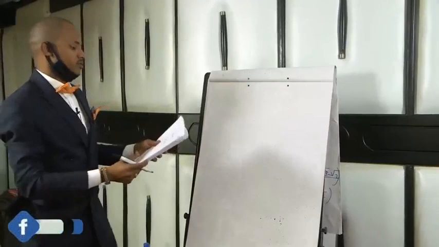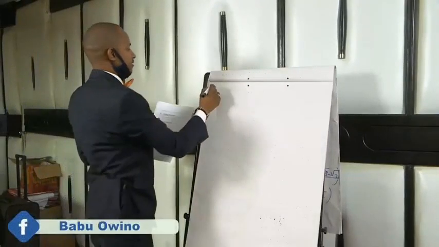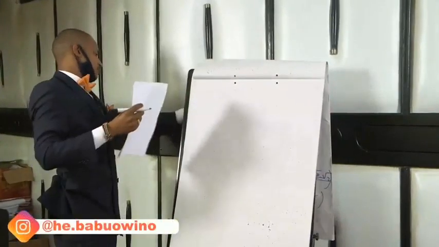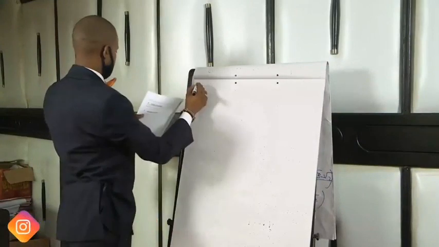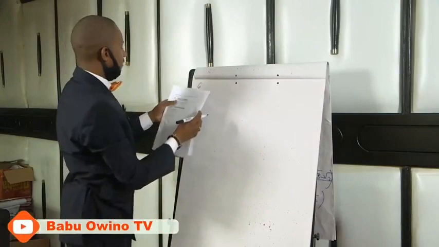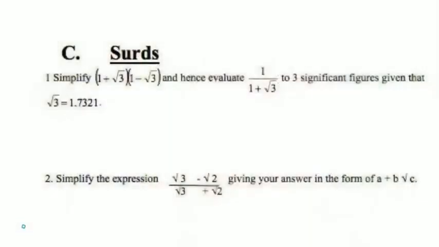The next question is question number 6. Simplify the expression root 3 minus root 2 divided by root 3 plus root 2. So when you are told to simplify this expression, do not panic.